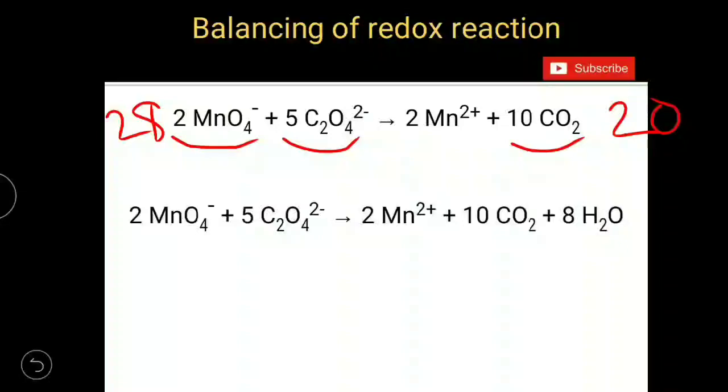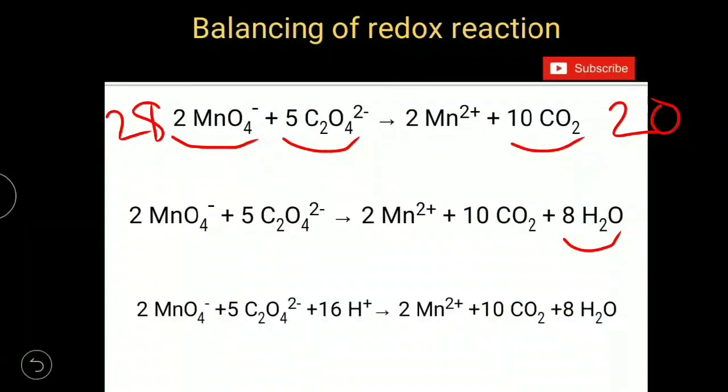Next, we need to balance hydrogen. And as it is mentioned that this reaction takes place in acidic medium, we can add H+ to balance hydrogen atoms. How many hydrogen atoms do you have on the right hand side? 16. Left hand side, no hydrogen atoms are present. So on the left hand side we can add 16H+.